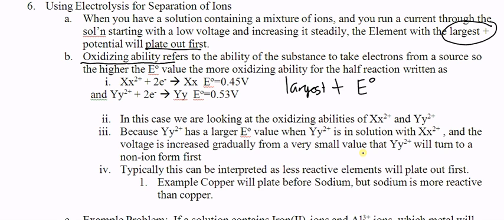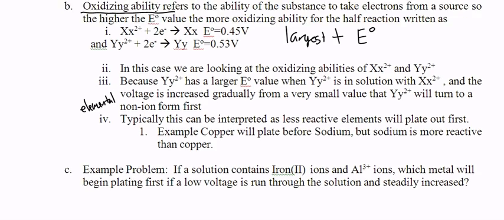Because double Y has a larger standard cell potential, when double Y is in solution with double X and the voltage is increased gradually from a very small value, it's the ion of double Y that's going to turn into its elemental form first. Typically this can be interpreted as less reactive elements will plate out first. So if you have a sense of things like, hey, sodium's pretty reactive, but I know copper's not, copper's going to be the one that plates out. Copper's got the better oxidizing ability.